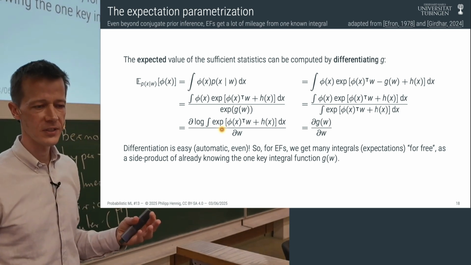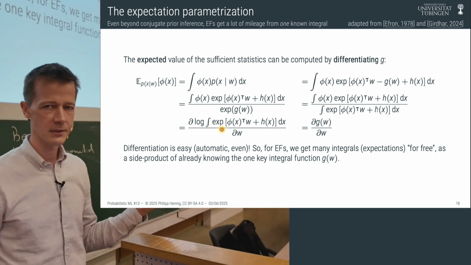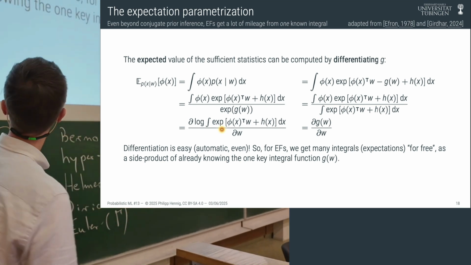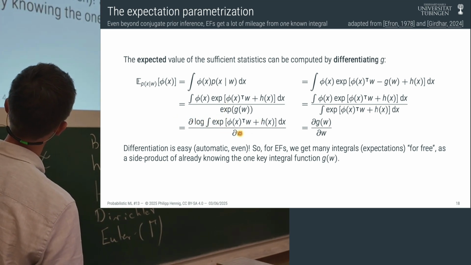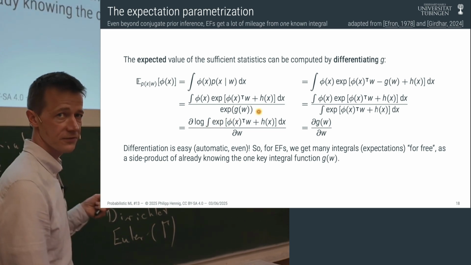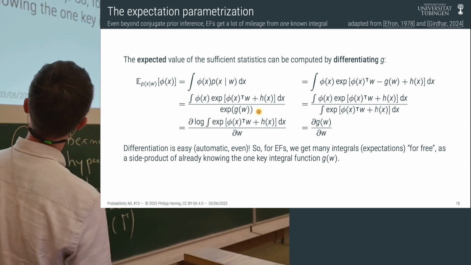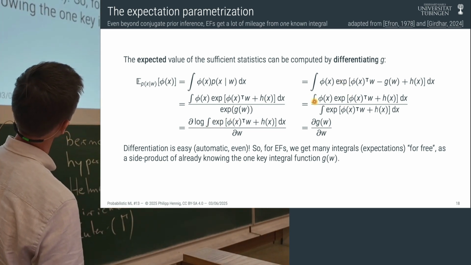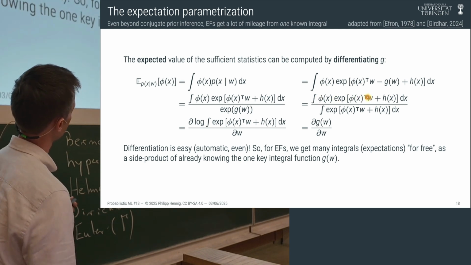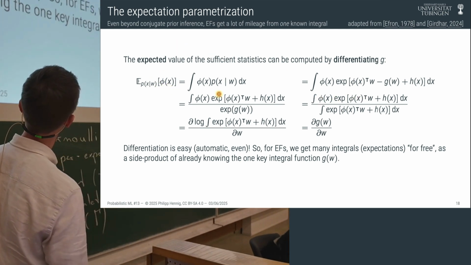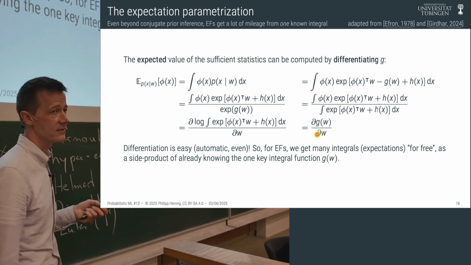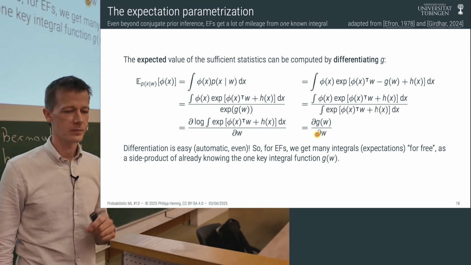That's not so obvious at first sight. You need to stare at this expression for a little bit. But the derivative of the log is 1 over the expression times the inner derivative, right? Chain rule. So that's exactly what we have here. We get the phi of x down because that's the inner derivative with respect to w. So therefore, this integral, this expected value, is equal to a gradient of this function with respect to w.